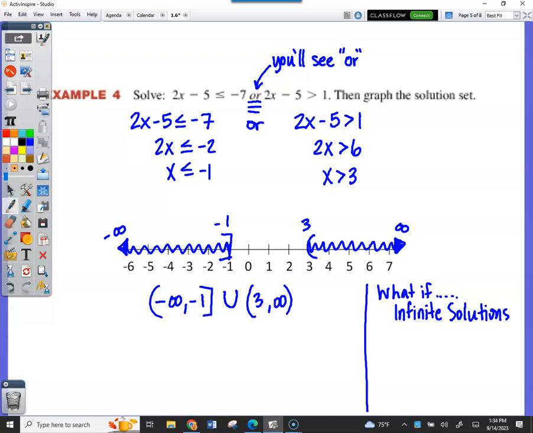So, for example, if you had an or inequality and let's say that the coefficient of x was negative and you moved by division, you'd have to do what with the signs? Flip them. So let's say we came to this, and you're just going through the motions, and you're like, okay, I got 2, I'm going to go to my number line, I've got negative 1 here, I got 3 here, that's a closed, that's an open, now you shade.